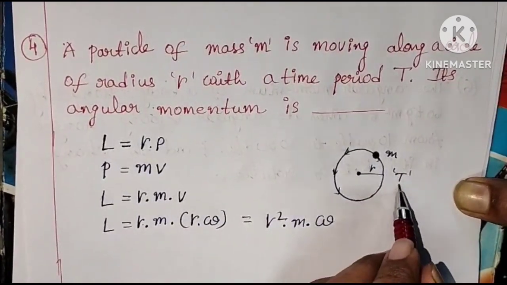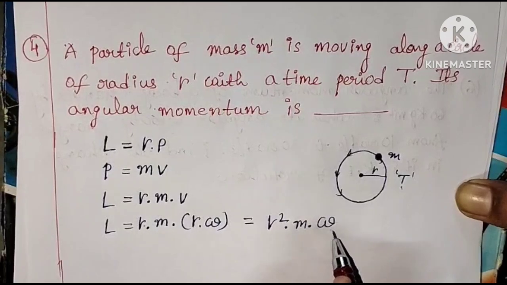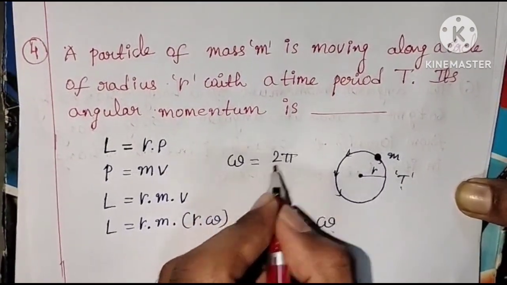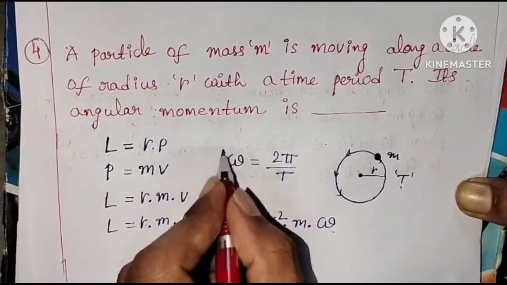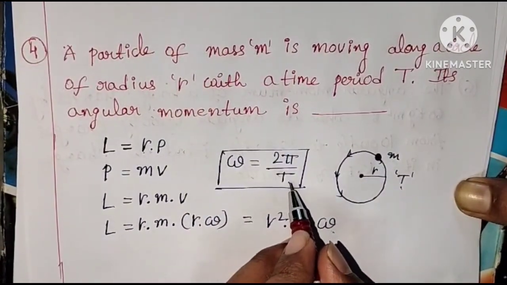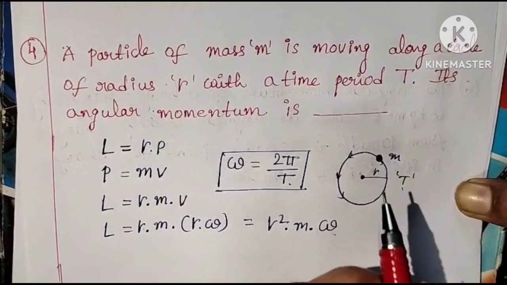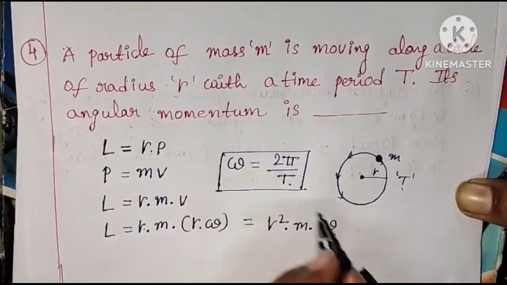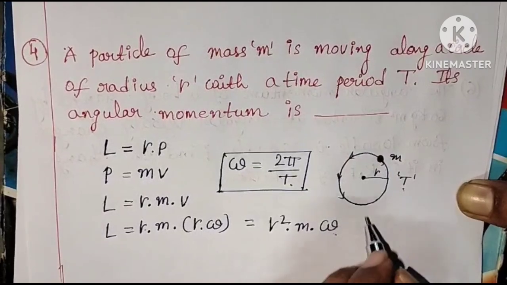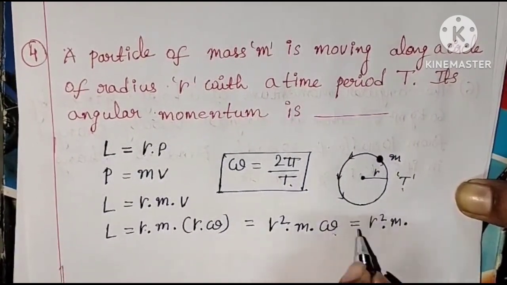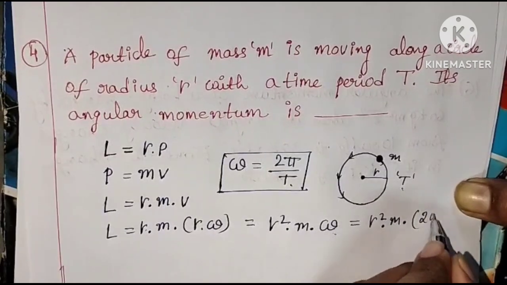So here we have time period t. What is the relation between omega and time period? We know that angular velocity is equal to 2 pi by time period t, where time period means the time taken to complete one full revolution. Put omega equal to 2 pi by t here.